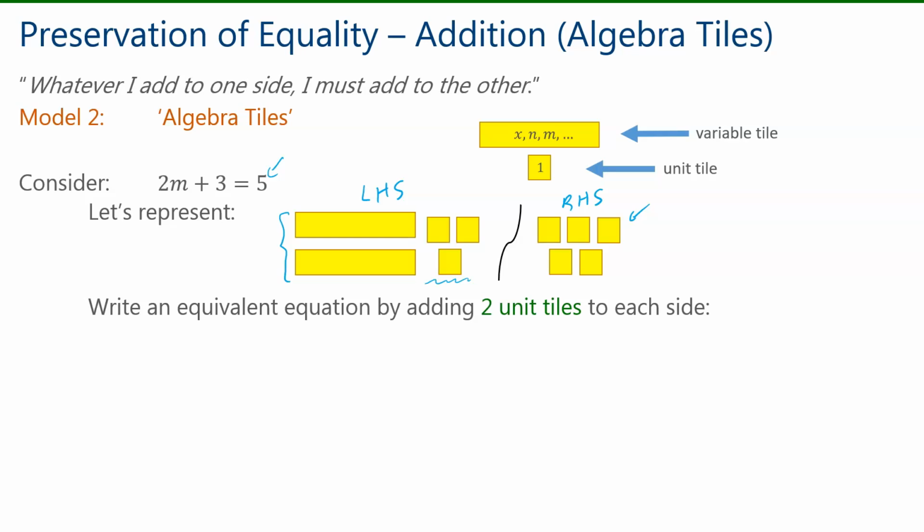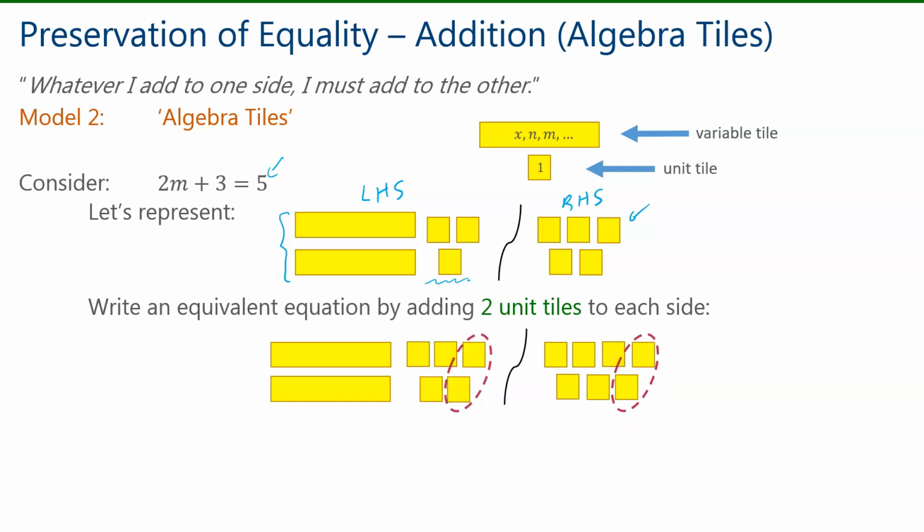We are going to create an equivalent equation by adding 2 unit tiles to each side. So let's have a look. So there's my representation again. Now let's add in 2 unit tiles to both sides. There we go. Symbolically, we now have 2m plus the 3 that we had before and the 2 new ones. So that's on the left-hand side, 2m plus 3 plus 2.